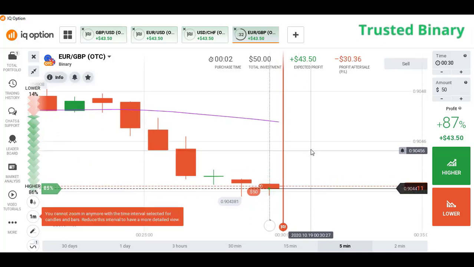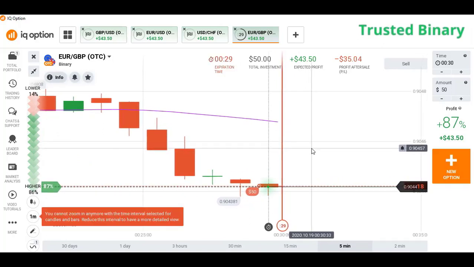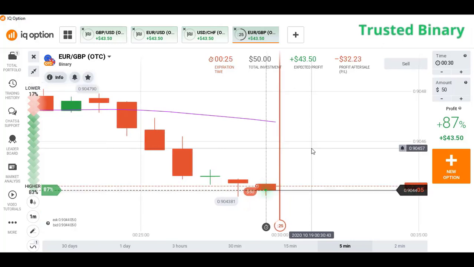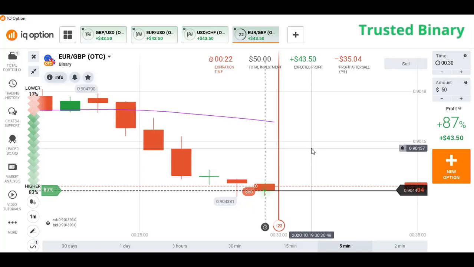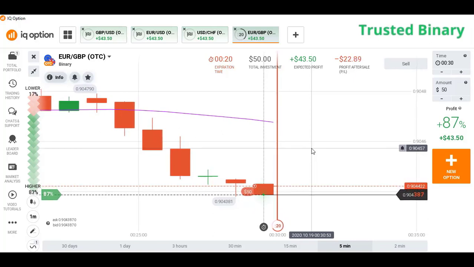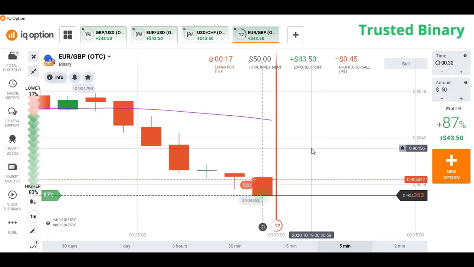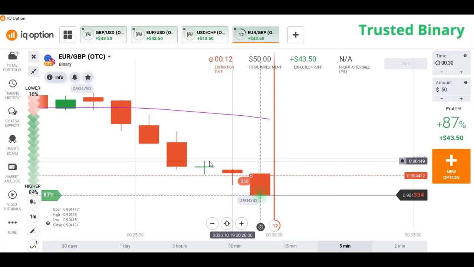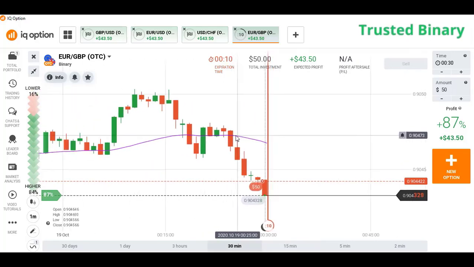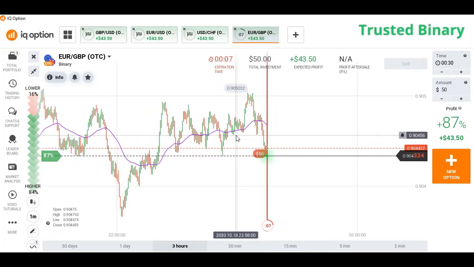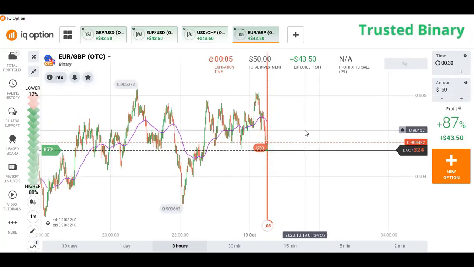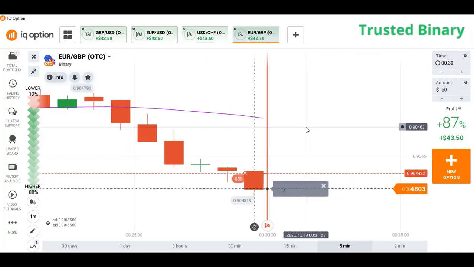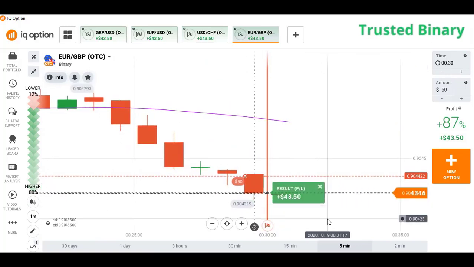So let's see what will happen here. Yes, this is my also winning trade.